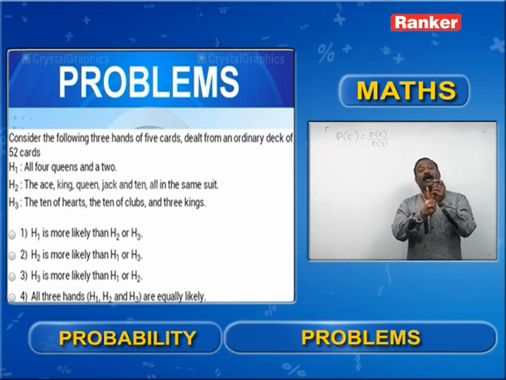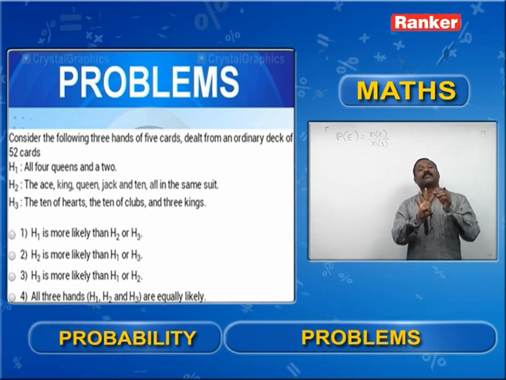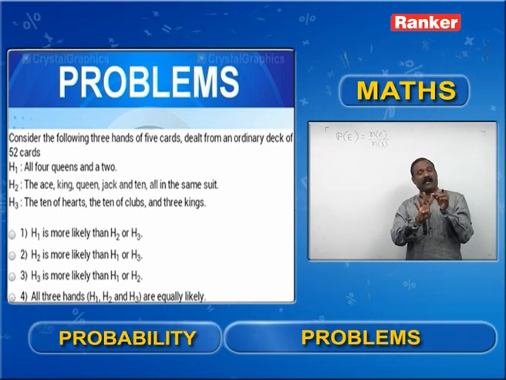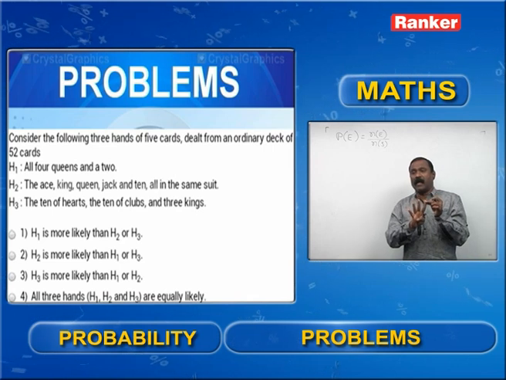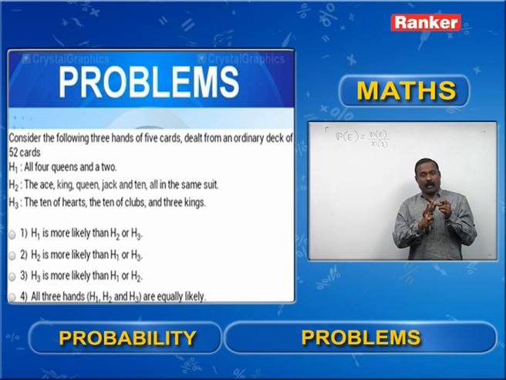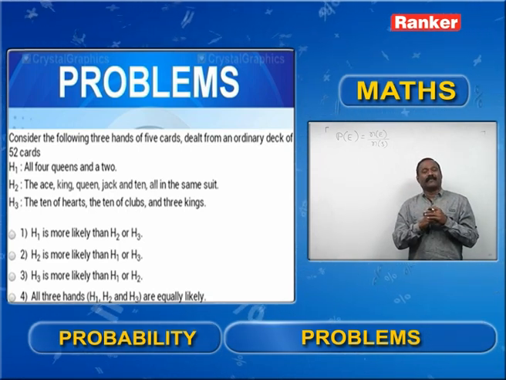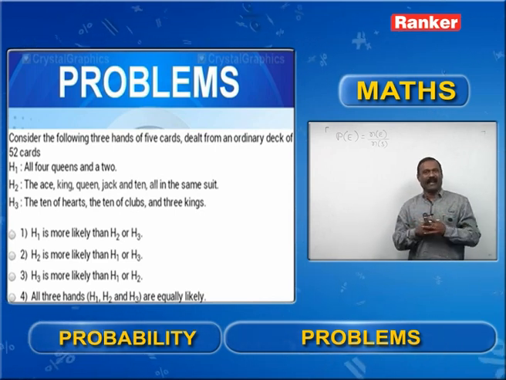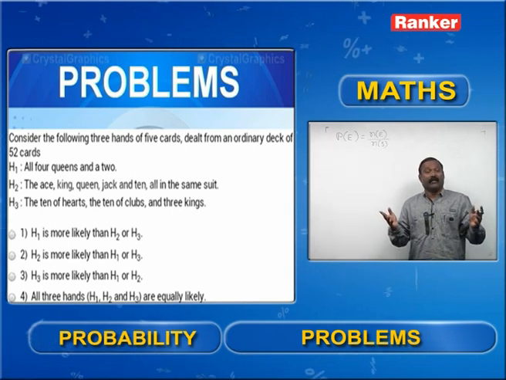Among them 26 are red and 26 are black, and each suit consists of 13 cards. So 13 into 4 is 52. The 13 cards include the aces, the remaining 2 to 10, and then king, queen, jack. Totally 13 cards in each suit.